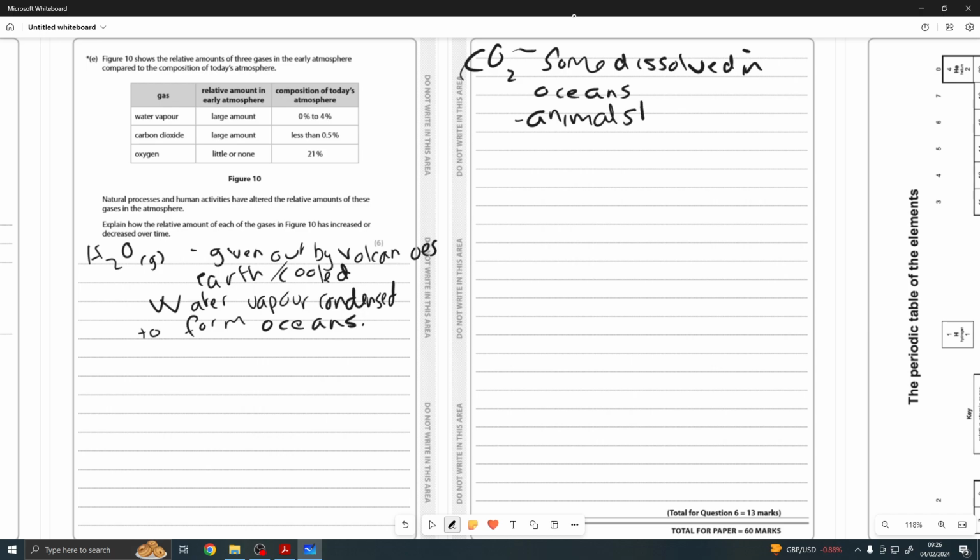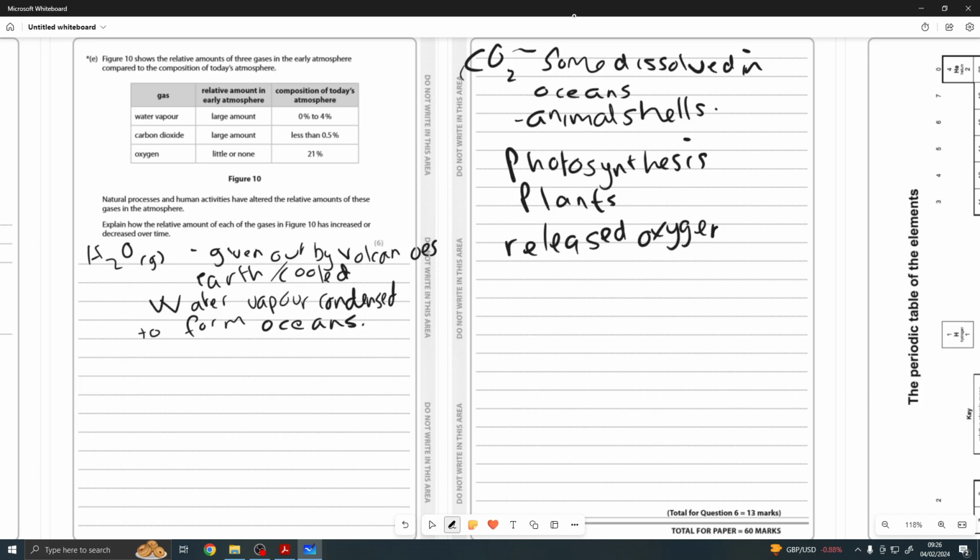They took that and made carbonates with it, animal shells. Now, the rest was photosynthesis. So carbon dioxide was taken in. Photosynthesis was done by plants. Now, this obviously released oxygen, which is the third box.